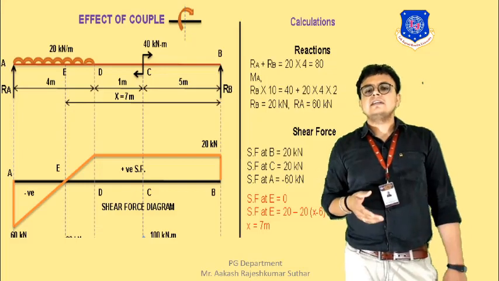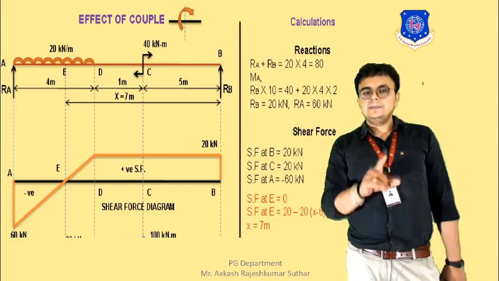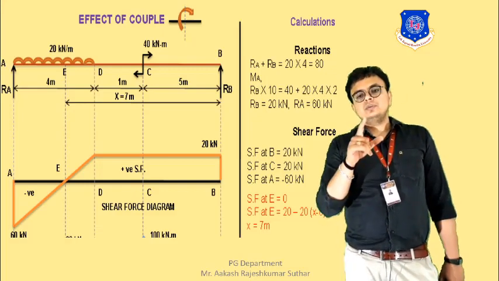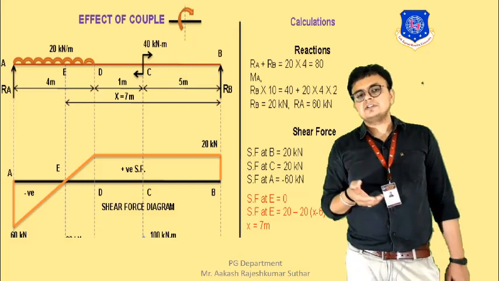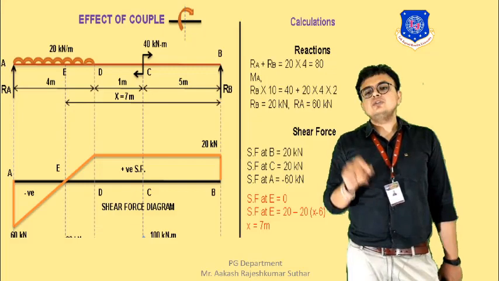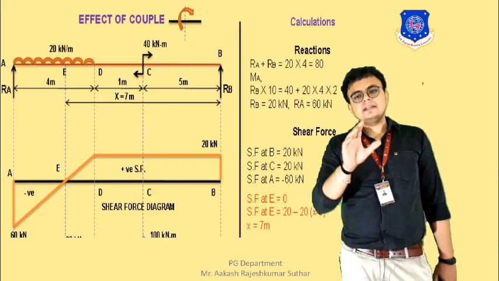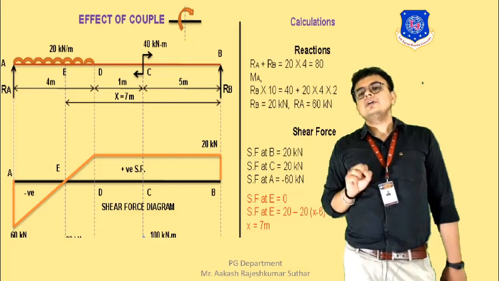All the other things are in clockwise direction. Okay, so RB into 10 will be equated to the 40, that is in clockwise direction with respect to point A, plus 20 into 4 into 2. We have to make the UDL concentrated. So 20 into 4 into 2.